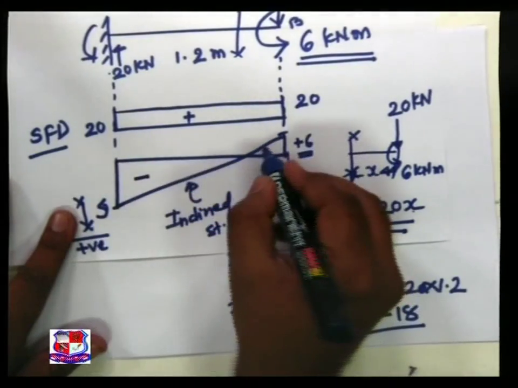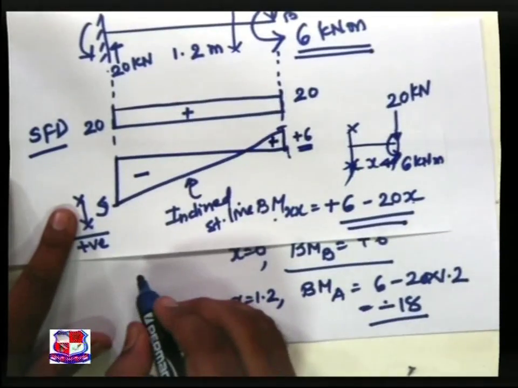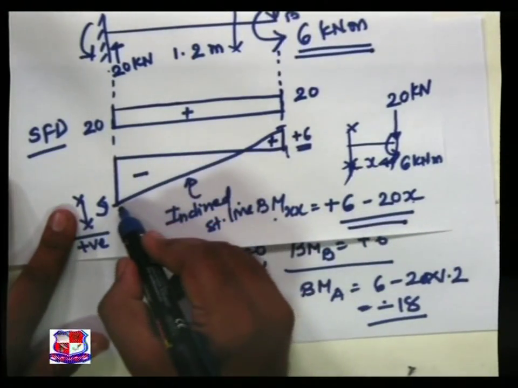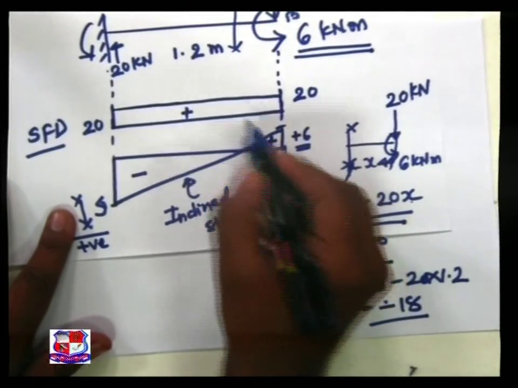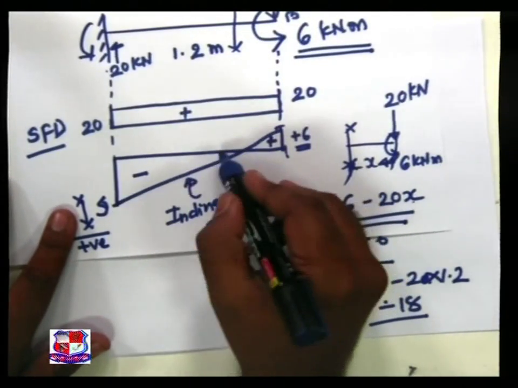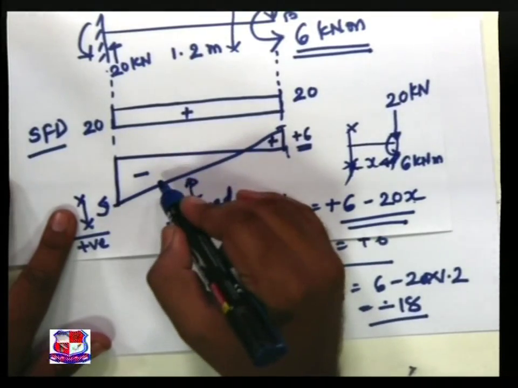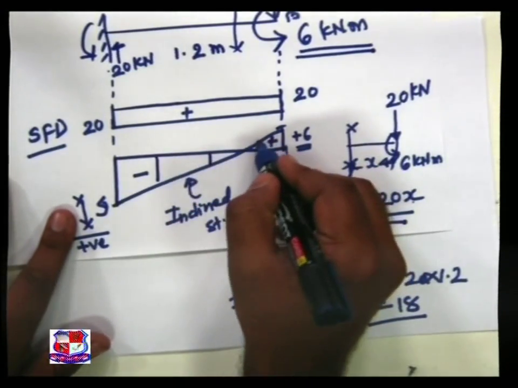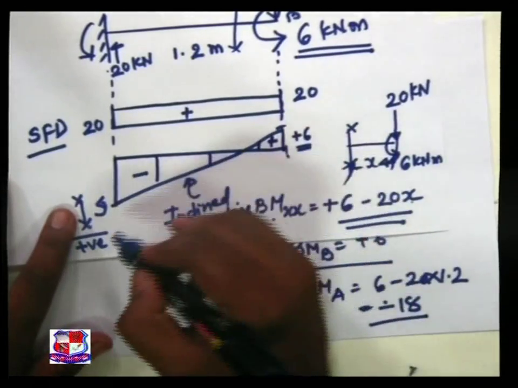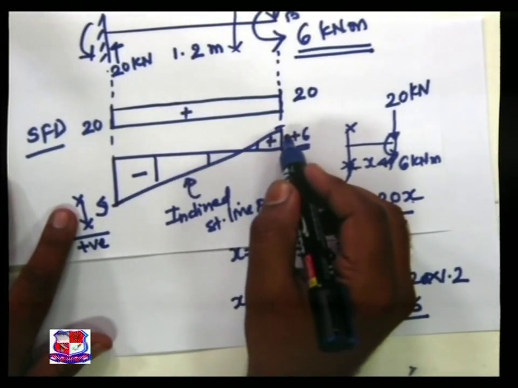This is negative, this is positive. You can verify this diagram by taking intermediate sections at 0.3 meter, 0.6 meter, 0.9 meter, finding these ordinates and then joining them, and we can obtain the same diagram.